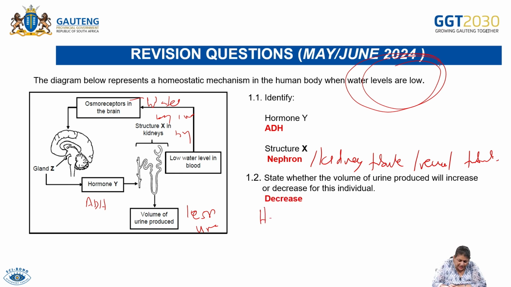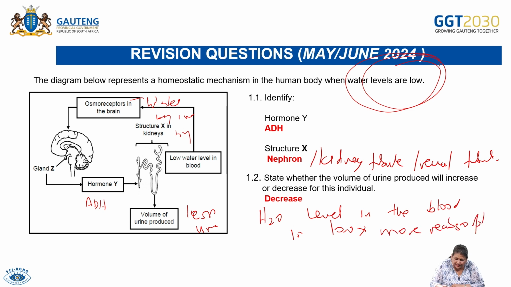When the water level in the blood is low, there's going to be more reabsorption of water. When your water level in the blood is low, more water will leave the kidney tubules to go into the blood.